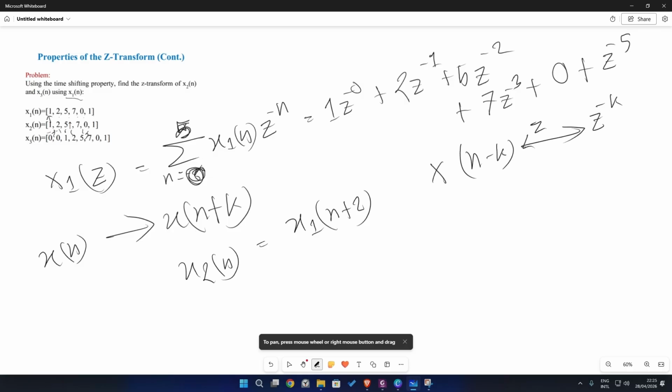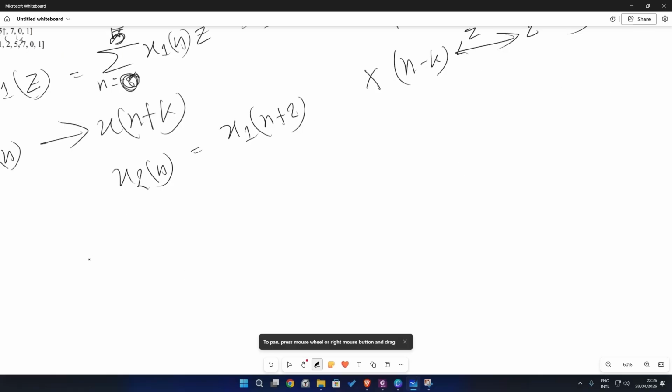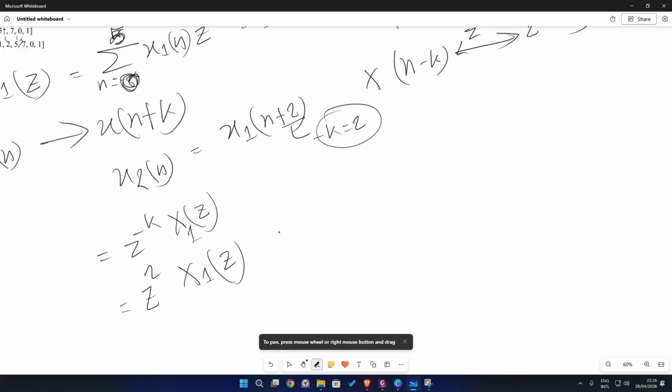z to the power minus k times X(z). The value of k is minus 2, so the value of minus k is 2. So we are replacing minus k with 2: z squared times X1(z).